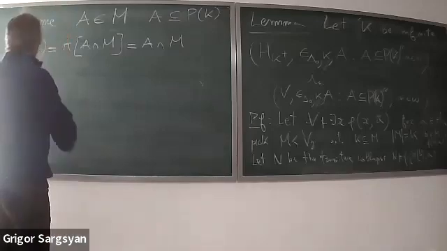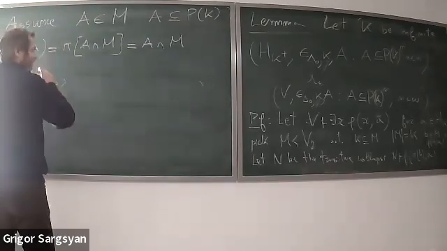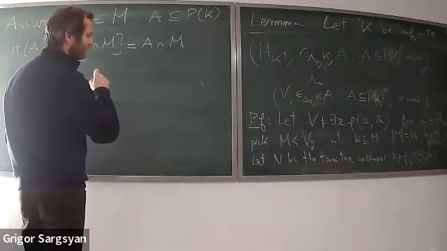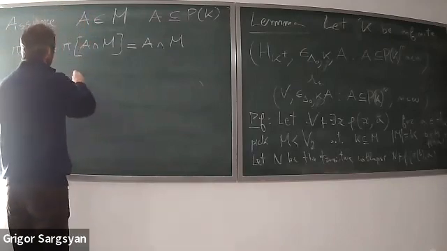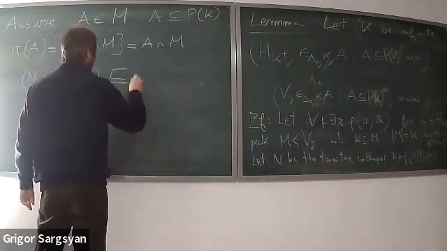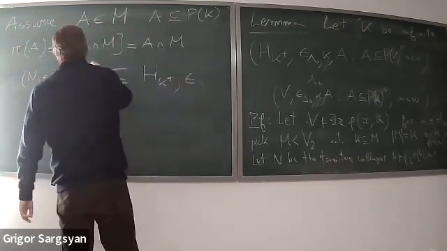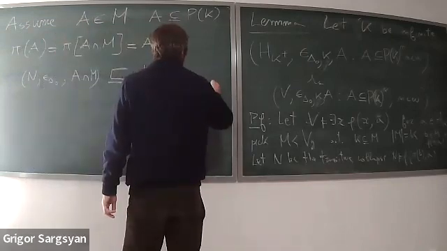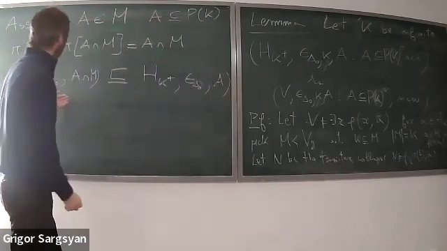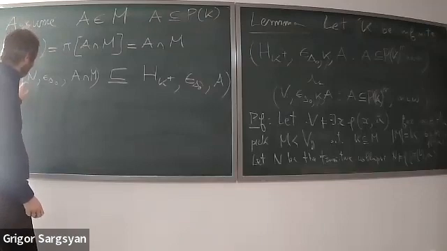Okay, and so if you take N with epsilon and delta 0, and just A intersection M, this is going to be a substructure of H kappa plus with epsilon and delta 0 and A, as witnessed by taking the identity. So what is the map?